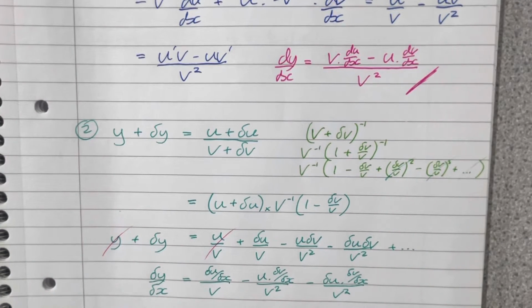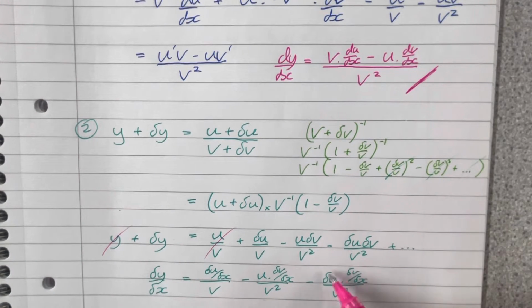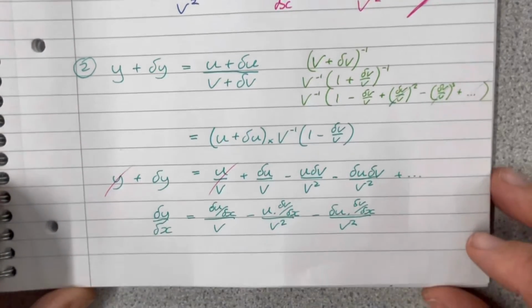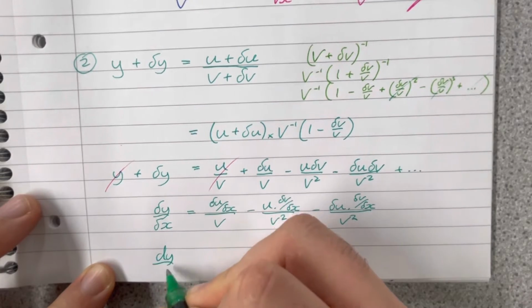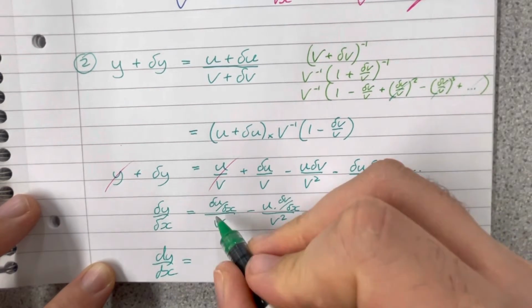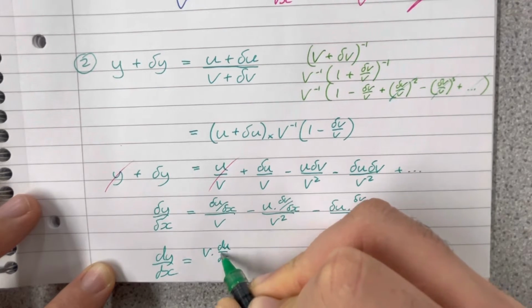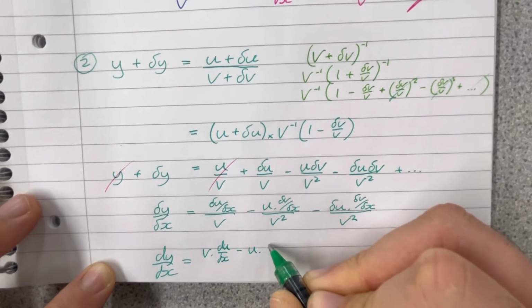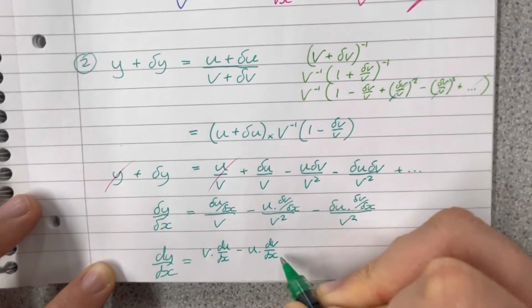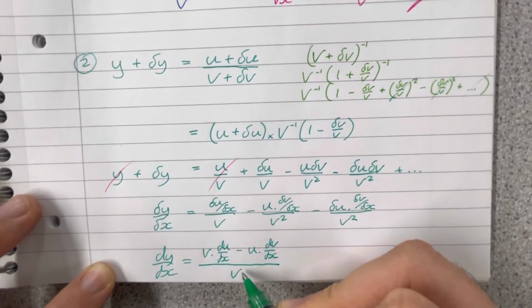And now taking delta x to be 0, that term there will disappear, and this will go to dy dx, this will go to du by dx, and this will go to dv by dx, and then put them over the same fraction, and we will get that dy by dx is equal to v times du by dx minus u times dv by dx, all divided by v squared.